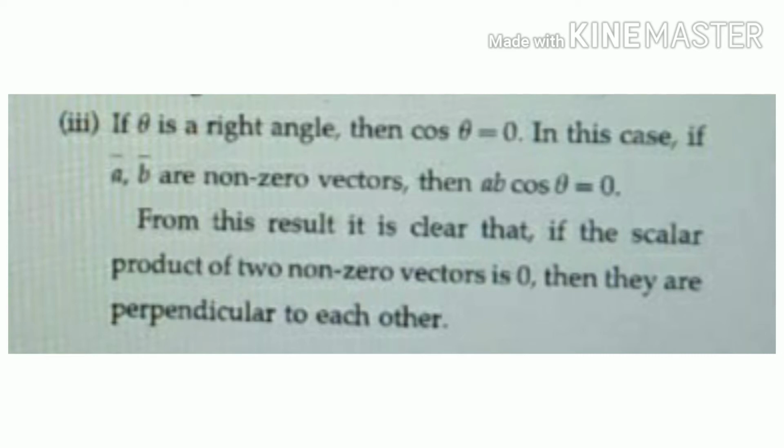In this case, if a bar, b bar are non-zero vectors, then ab cos theta is equal to 0. From this result, it is clear that if the scalar product of two non-zero vectors is 0, then they are perpendicular to each other.